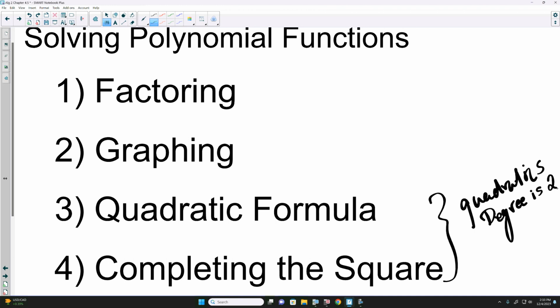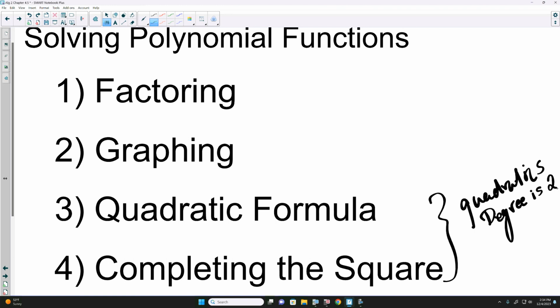The quadratic formula and completing the square don't really work too well with anything bigger than a quadratic. It somewhat works with quartics, degree 4s, but it's still a little clunky. It's not very well suited to it.